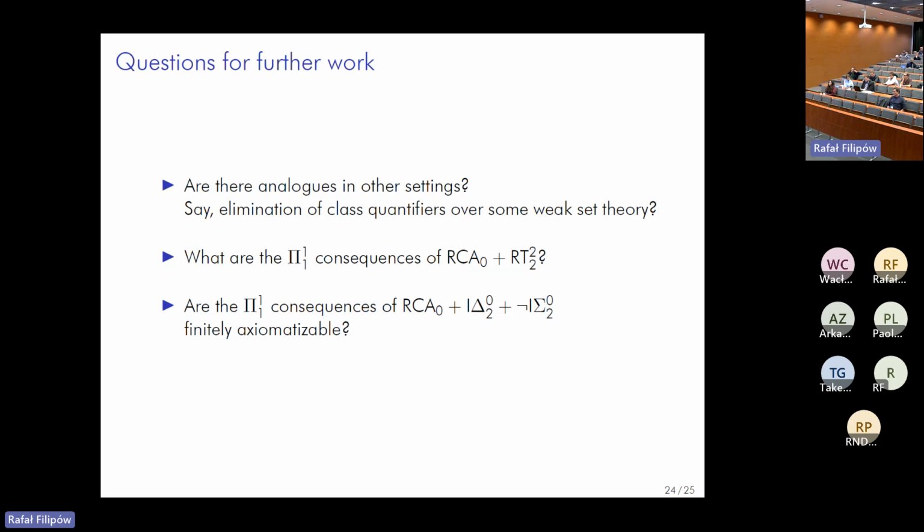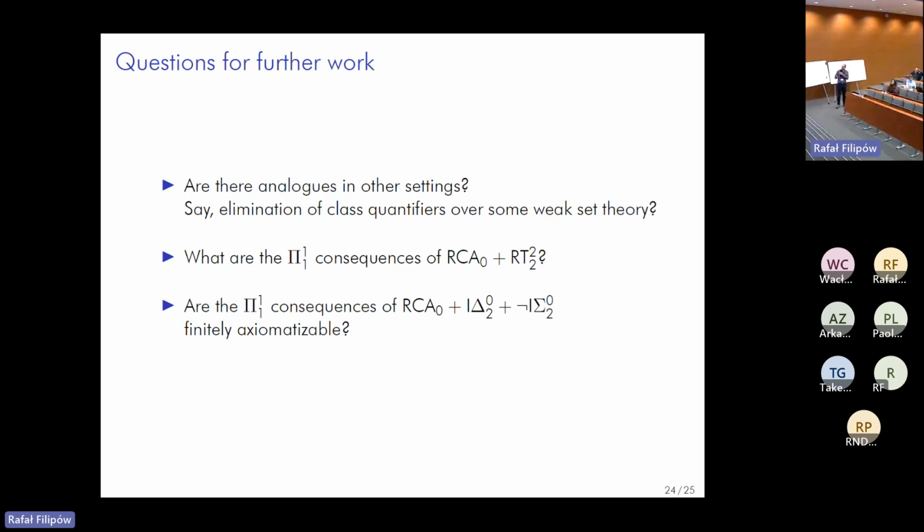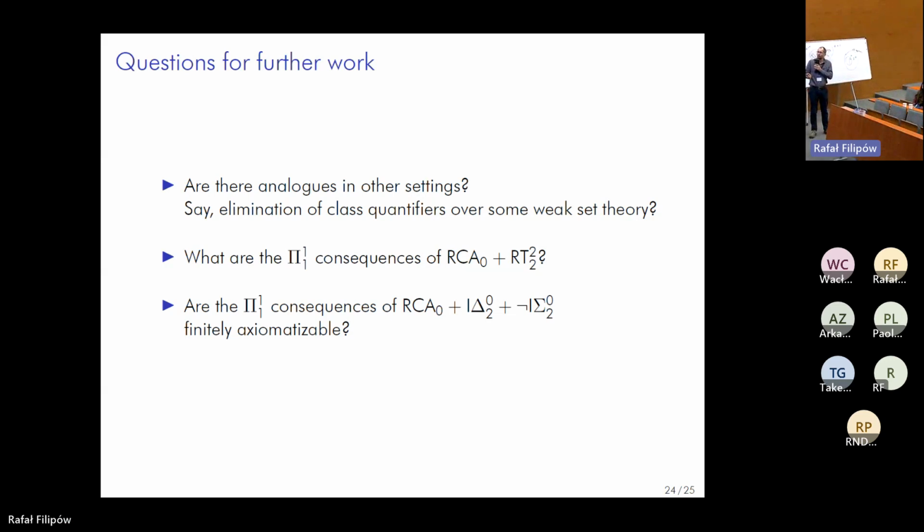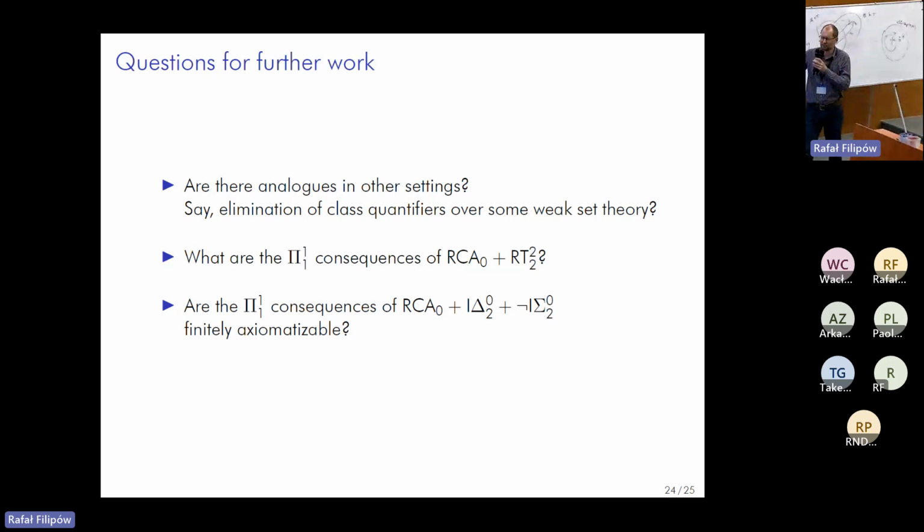And finally, the last question I wanted to mention is what Tausner originally asked about. He wanted to know about the complexity of the conservativity problem over not RC0*, but RC0 plus Delta^0_2 induction.